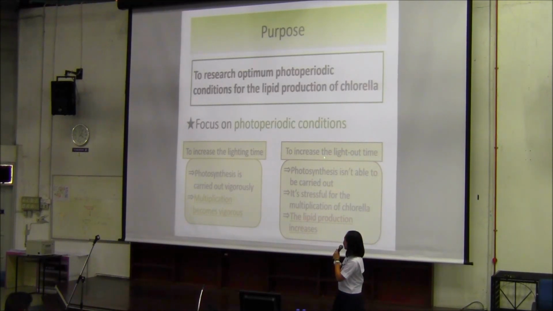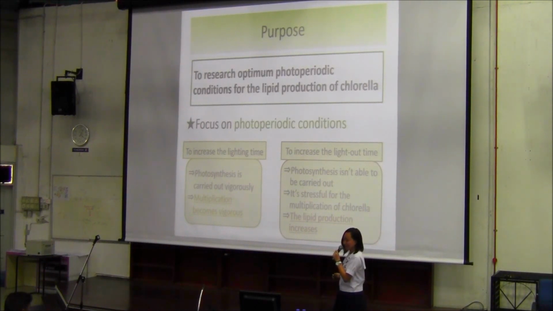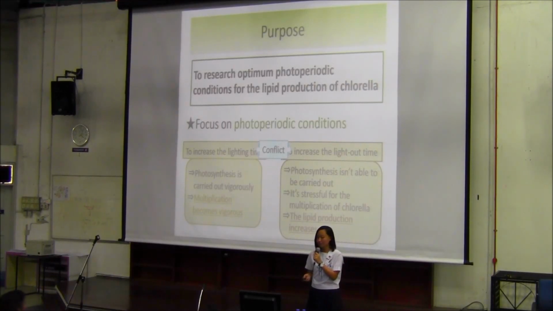But if we increase the light out time, photosynthesis isn't able to be carried out, and it's stressful for Chlorella, and the lipid production increases. We combine these conflicting conditions and try to find the optimum conditions.